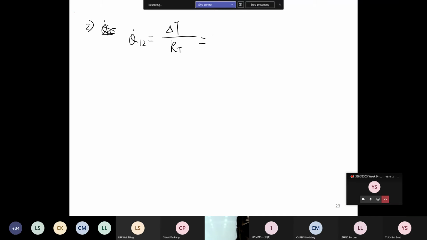Delta T, the temperature differential, should be T1 minus T2. What's the result?